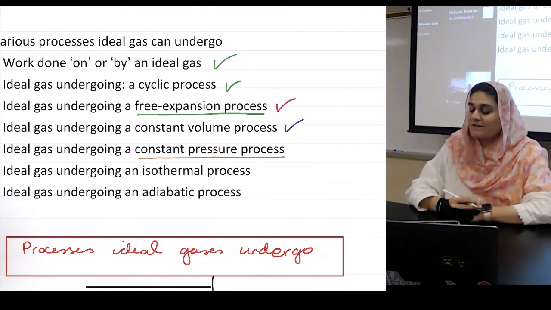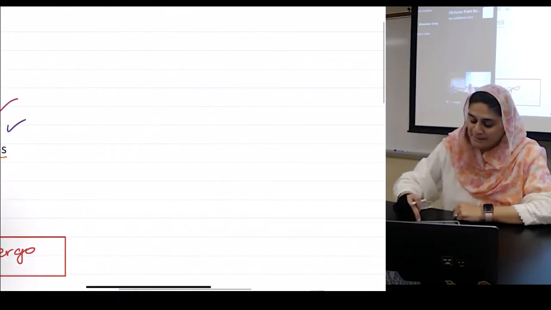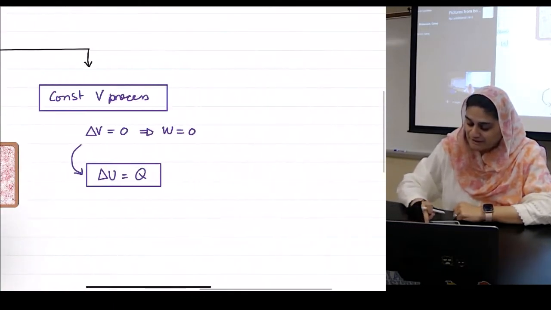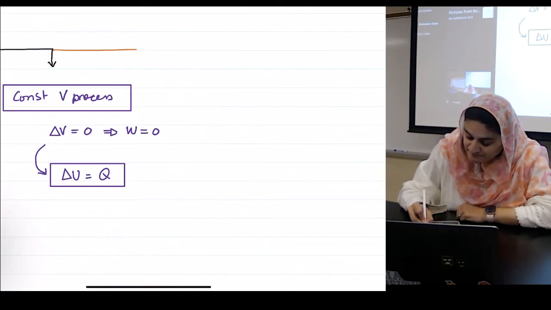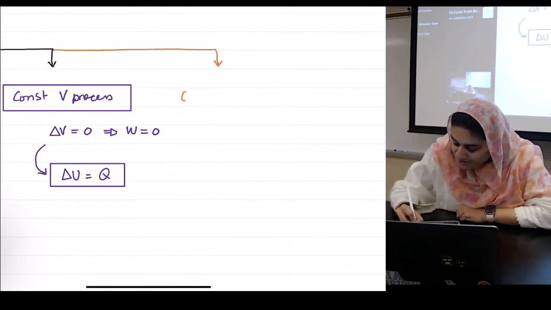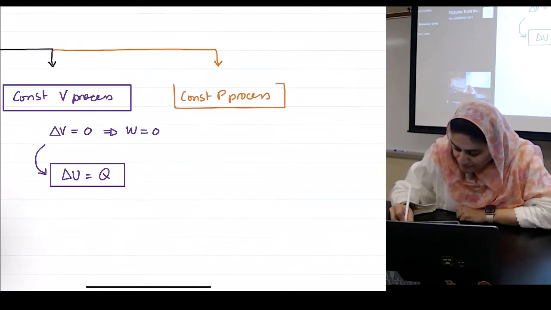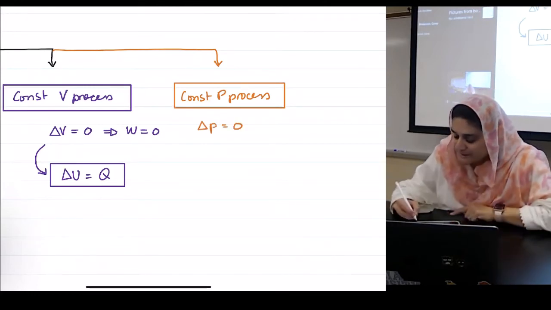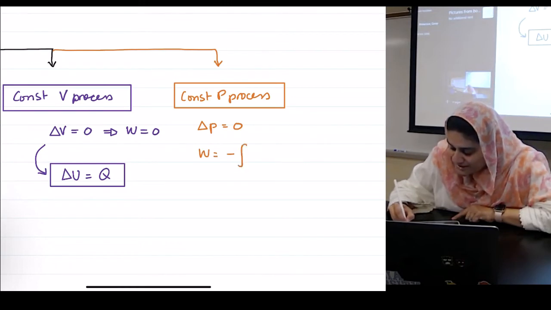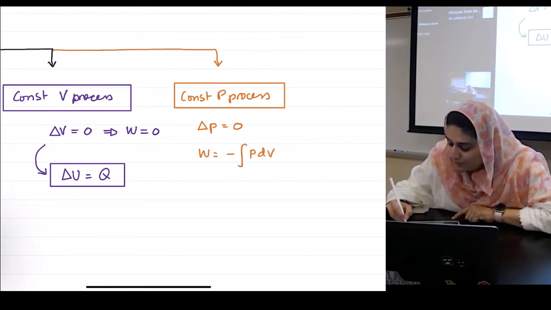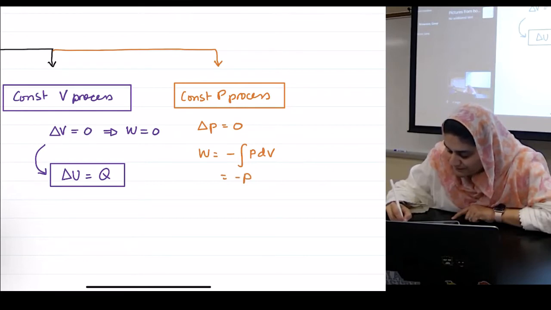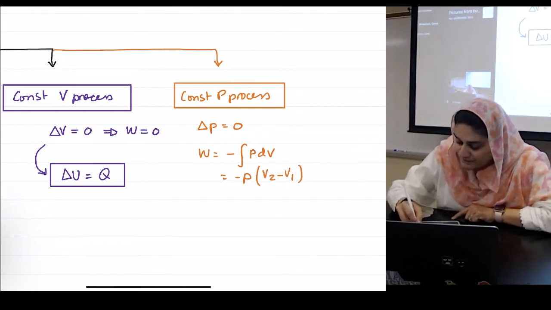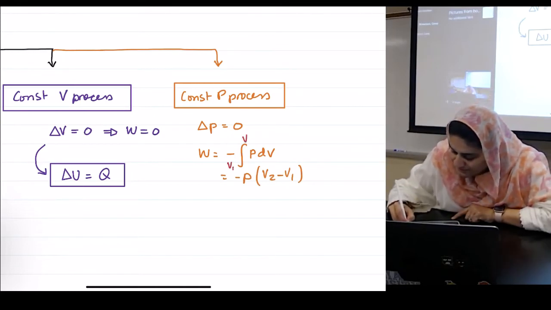Next is a constant pressure process. What do you think happens in a constant pressure process? Constant pressure process. Which means what? Delta P equals 0. Which means W can be written as negative P dV, or negative P times V2 minus V1, if we have V1 to V2 here.